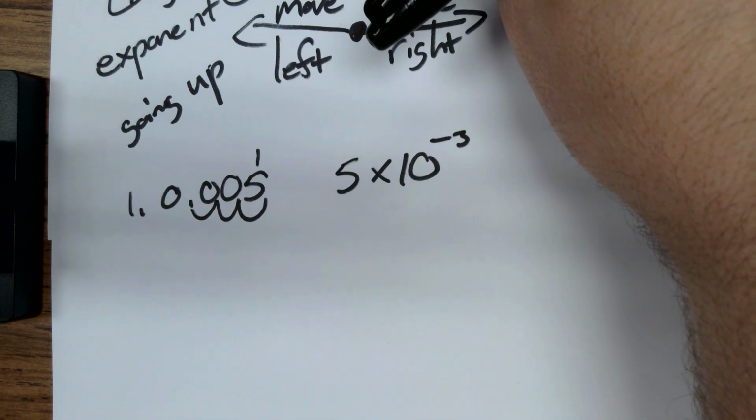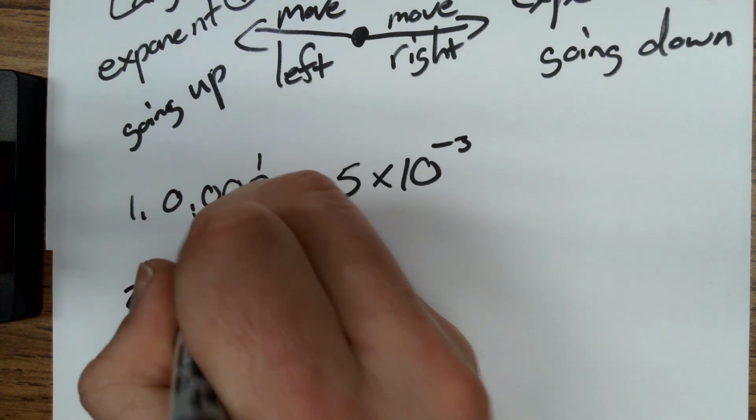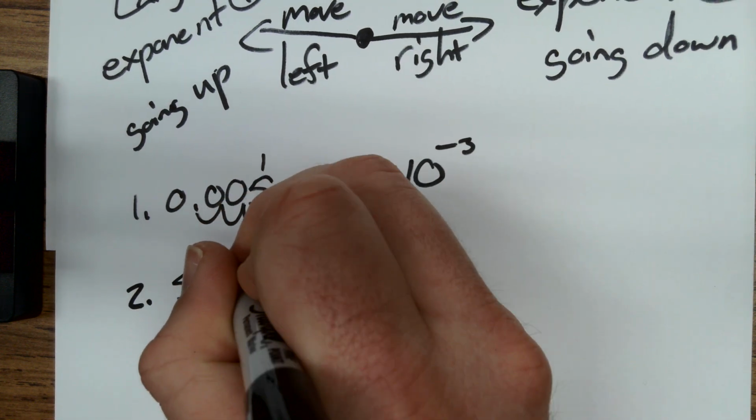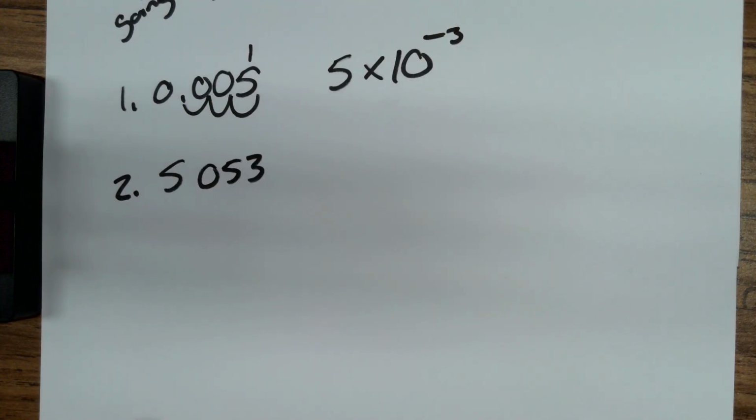Let's look at number 2. 5,053. Am I dealing with a big number or a small number? Big number, bigger than 1, so I count as a big number. My question to you, where do I find the decimal in 5,053?